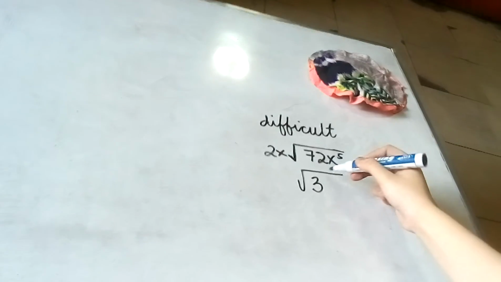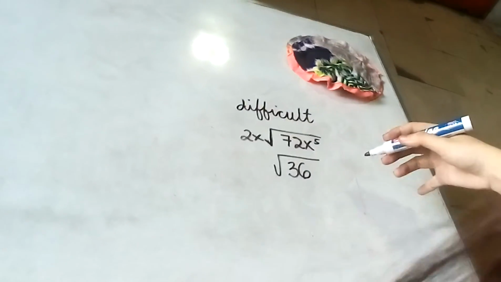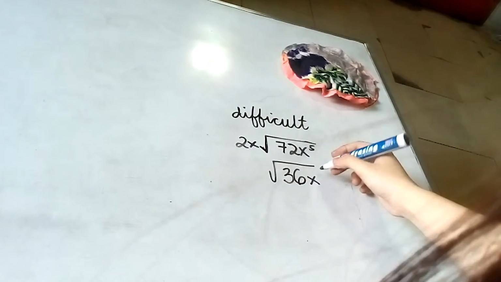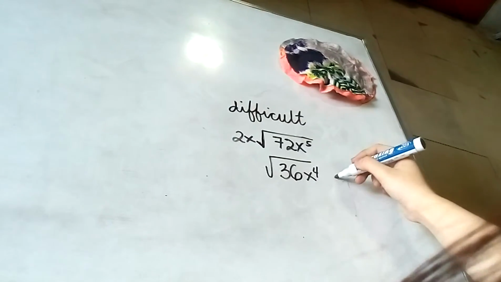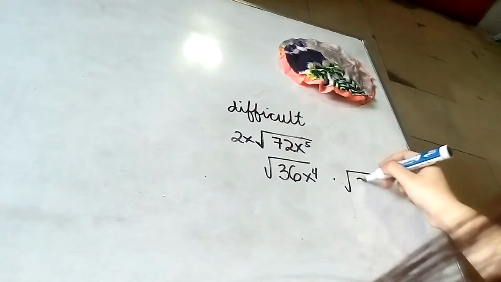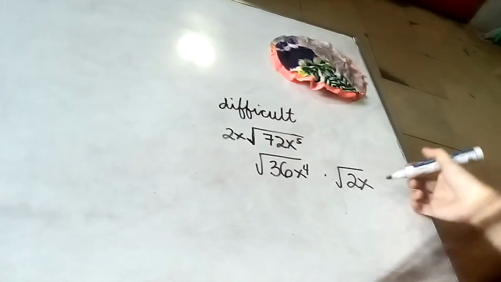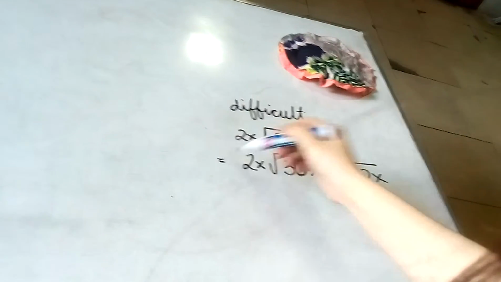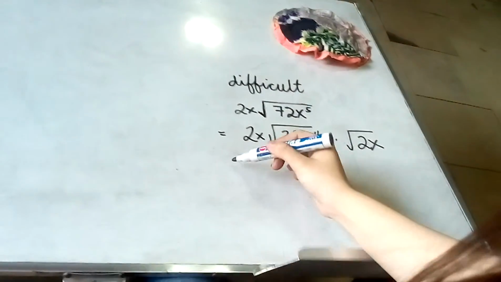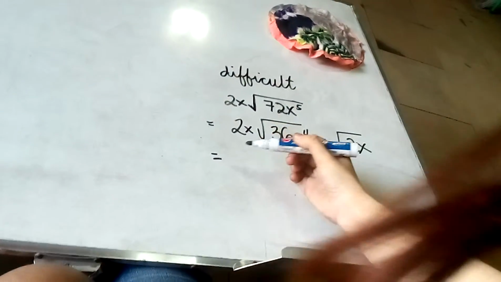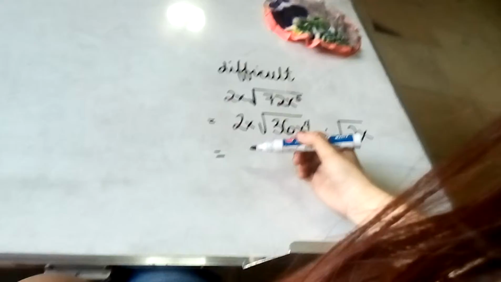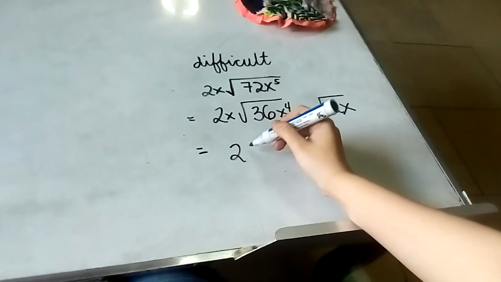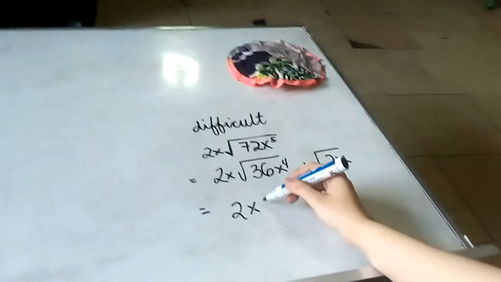To answer this, 36x to the 5th times 2. 36x to the 4th times 2x. May 2x pa pala dito. Tapos, para masagutan, magiging 2x square root of 6.